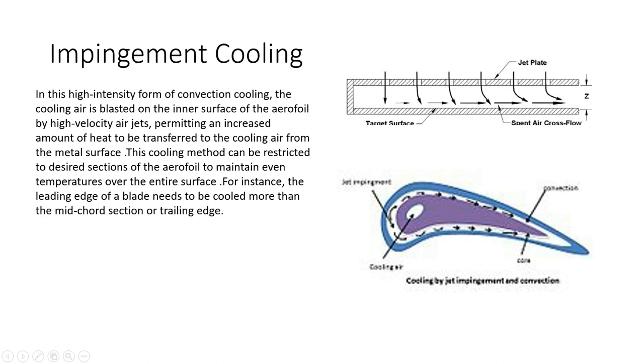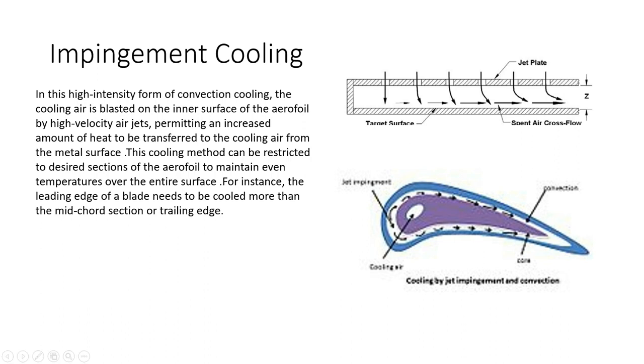This cooling air will now pass inside the turbine and then extract the heat out of it. So if this was your turbine blade cross section, a jet of cooling air will go inside the blade, thereby collecting all the heat from inside out. Okay, so this is called impingement cooling, or sometimes you also call it jet impingement cooling.